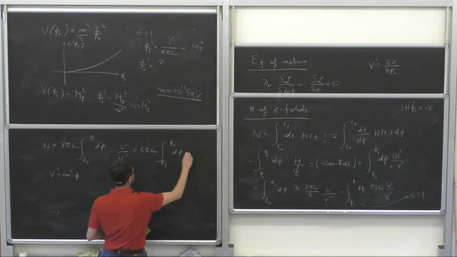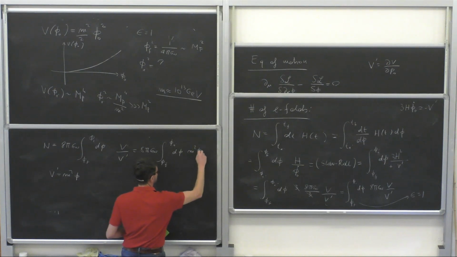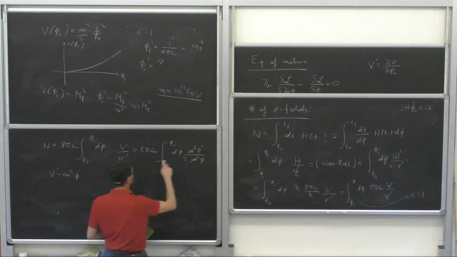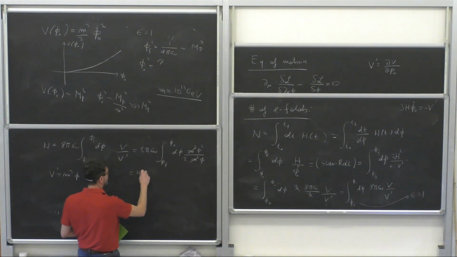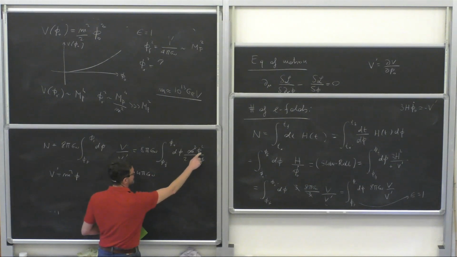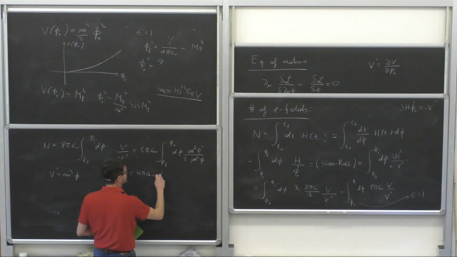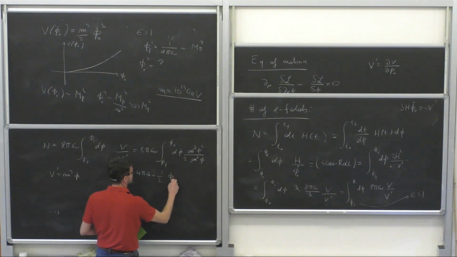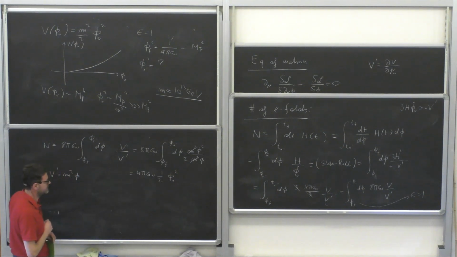And then I have V, which is m squared times phi squared over 2. Then I have m squared times phi. You see the m squared goes away. I have a factor of 2 that I annihilate here. It's 4 pi G Newton. And then I have the integral d phi of phi, which is 1/2 phi initial squared. Okay, so that is the total number of e-folds.